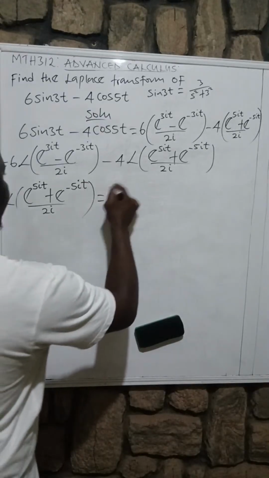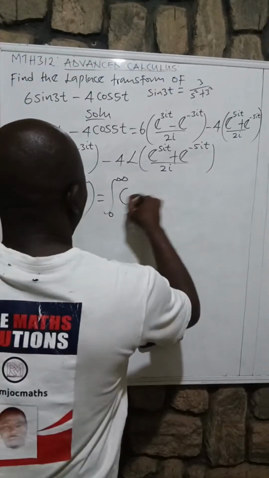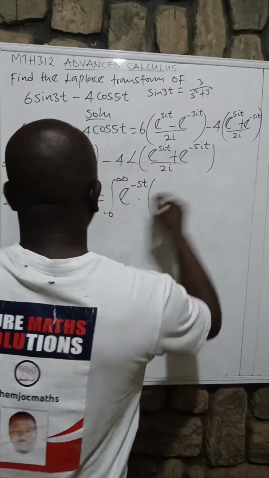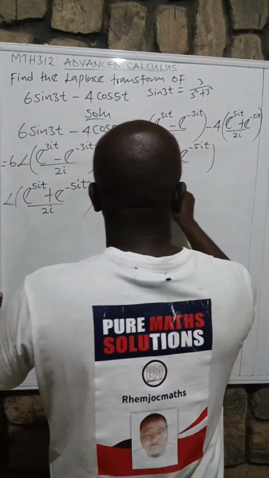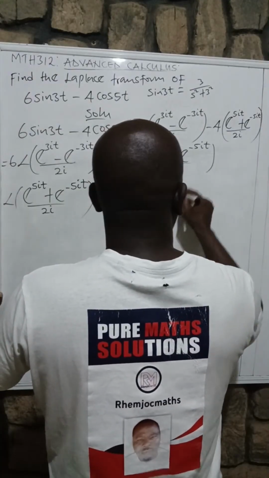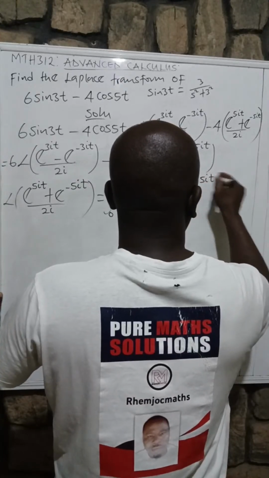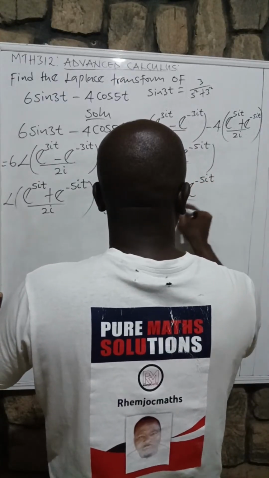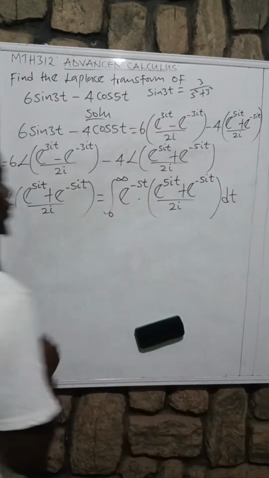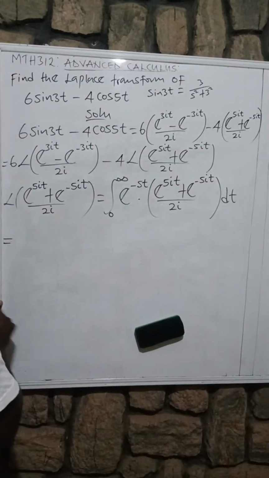So this is equal to the integral from 0 to infinity of exponential minus st times open bracket exponential 5it plus exponential minus 5it all over 2i, dt. So let's break it down.